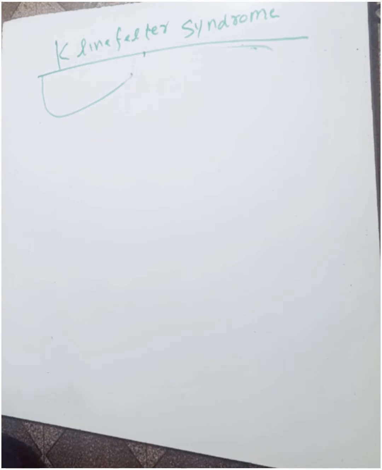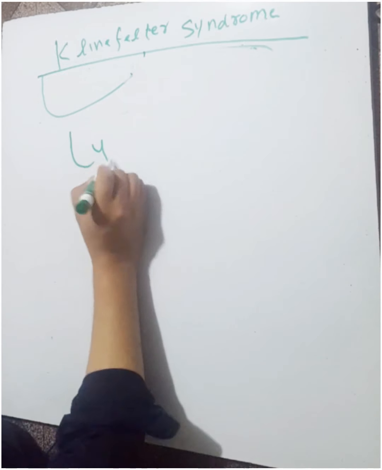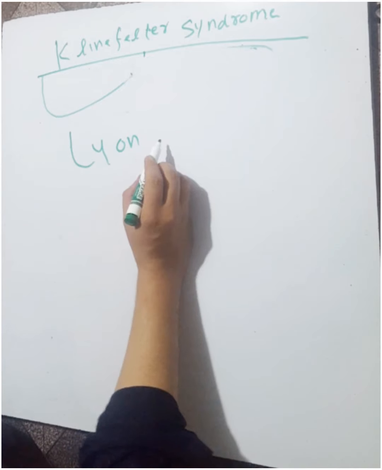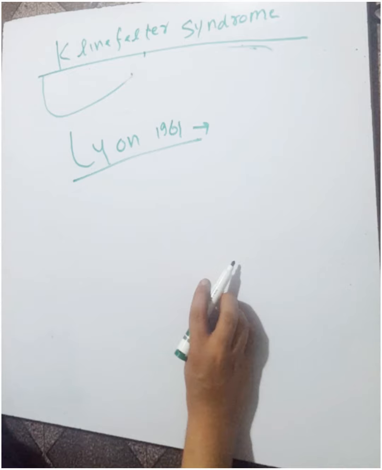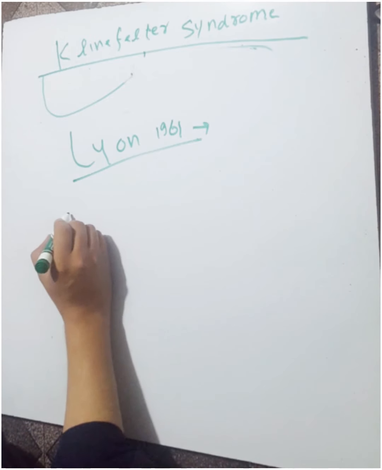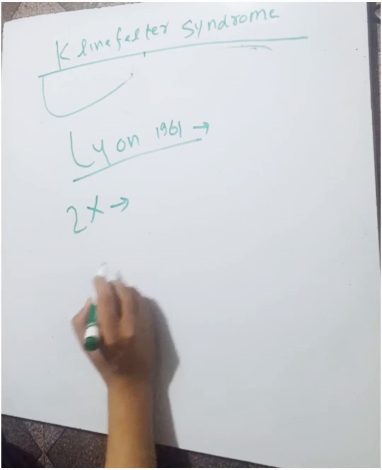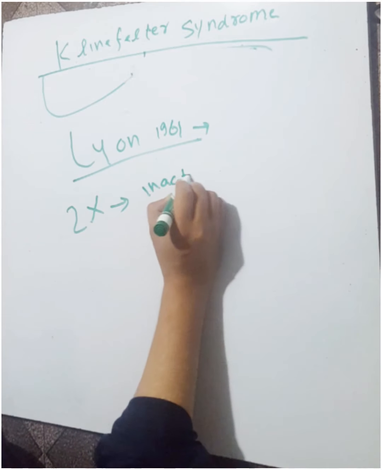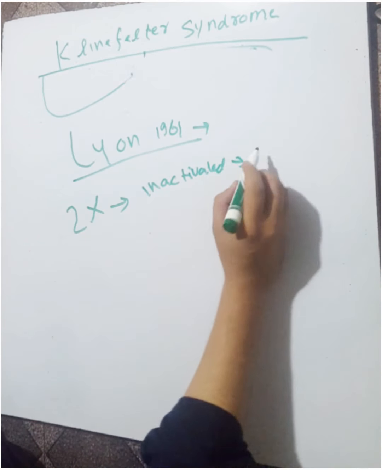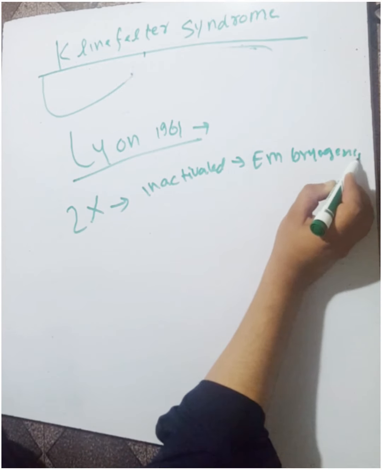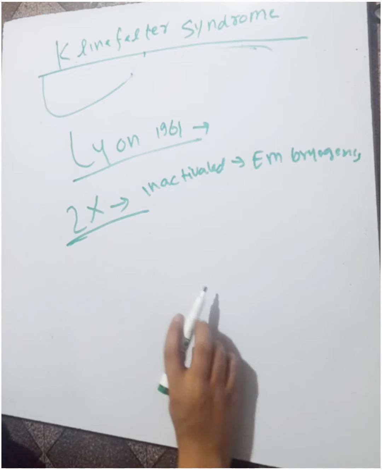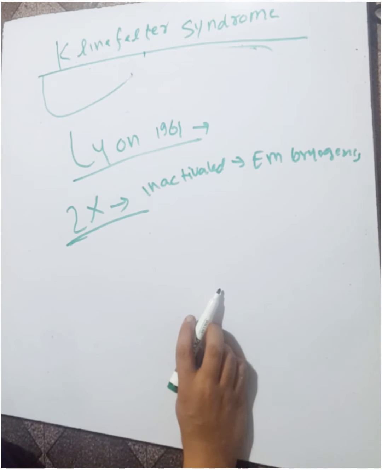According to the Lyon hypothesis in 1961, when there are two X chromosomes, one becomes inactivated during embryogenesis.